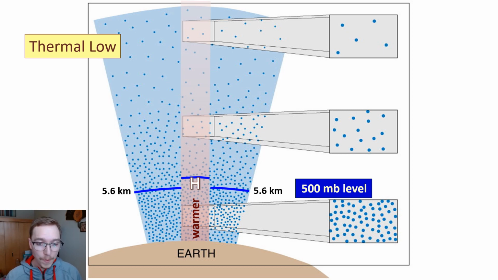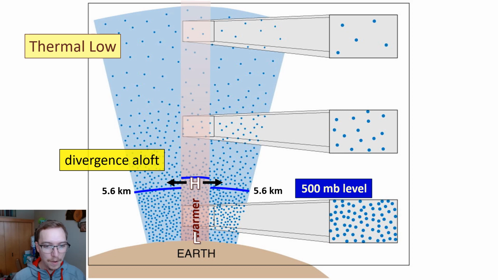So near the surface, you have a lower pressure system, and air is going to be rushing in to fill that low pressure system. Now, at altitude, say the 500 millibar level or roughly 5.6 kilometers in the atmosphere, what you're going to have is a high pressure system. So what you get is converging winds at the surface and diverging winds aloft because they're rushing to fill the low pressure spaces around them.